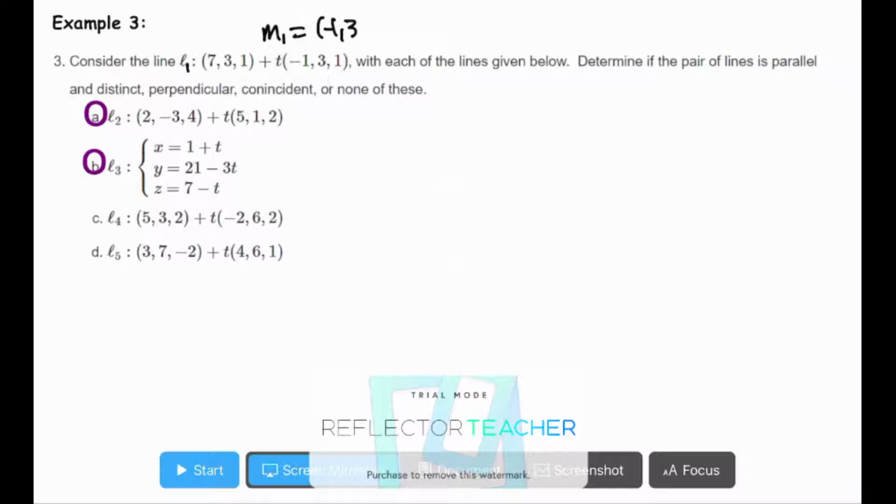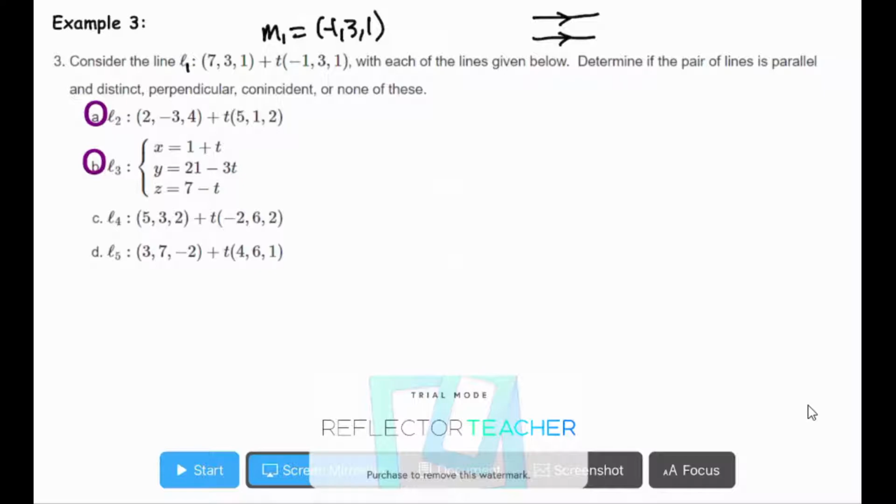So what are these going to look like? Well, parallel is going to be two lines that are not going to intersect. So they'll have the same slope, the same direction vector, so to speak, but they don't start at the same position or the same point.